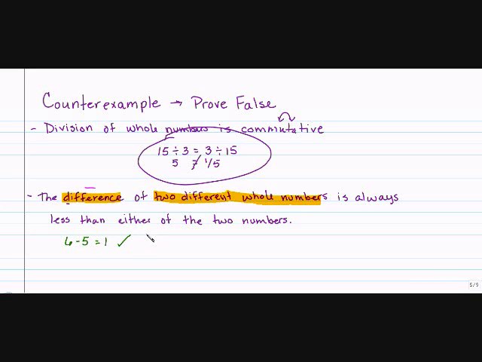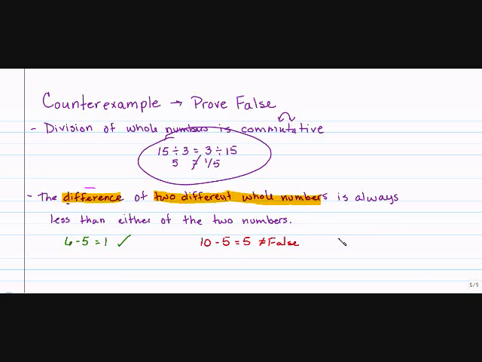Yes. That's true. What if I had 10 minus 5 equals 5? Is 5 less than 5? No. Is 5 less than 10? Yes. So in other words, this is false because 5 cannot be less than 5. So here's a statement that proves it false.